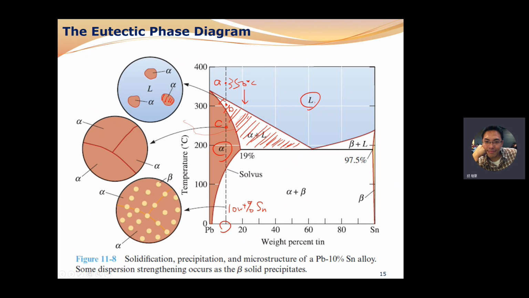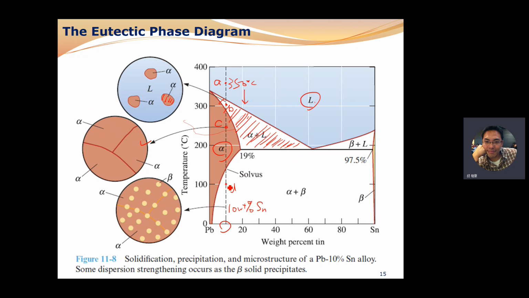So that means the liquid is completely converted, transformed to solid, alpha solid solution, right? Okay, like this case. And if we keep cooling the temperature to say 100 Celsius here, point D, we will find out that the beta phase forms, right?